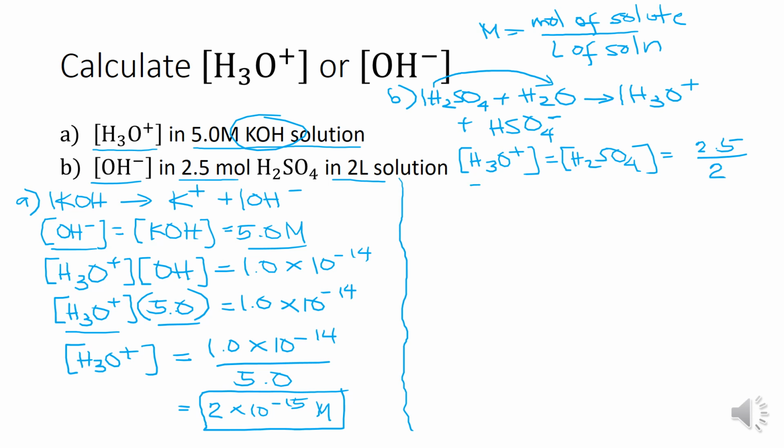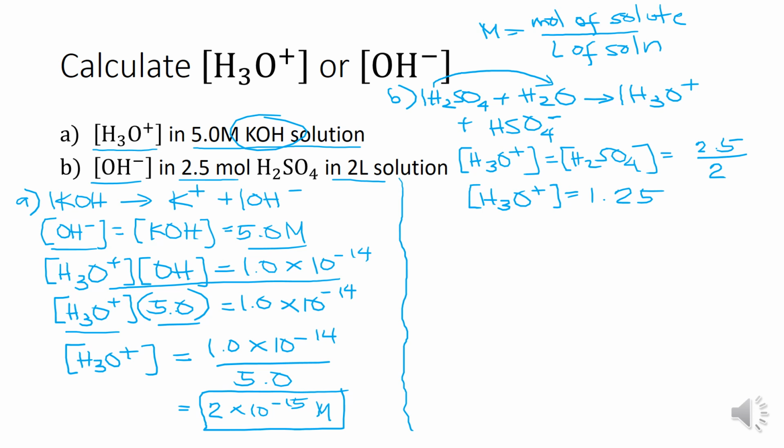Therefore, the hydronium ion concentration is 2.5 divided by 2, so that is 1.25. And again, we can calculate the corresponding hydroxide ion concentration using this same equation.